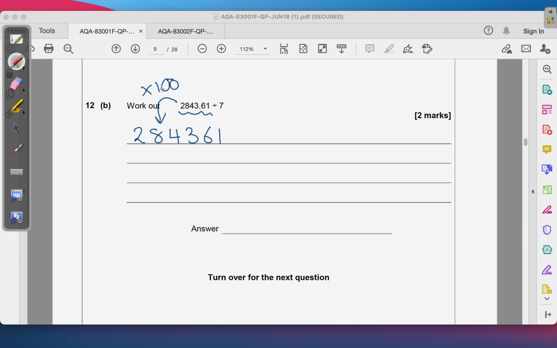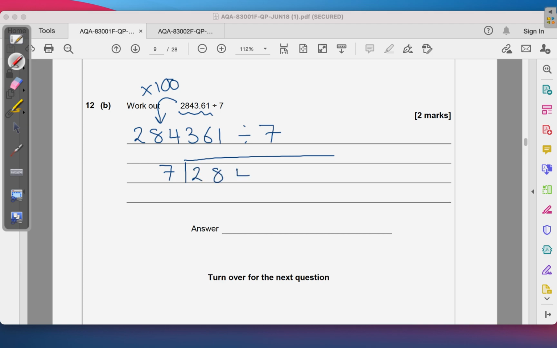It's important to realise that we times by 100, because if we times this number by 100 and we still divide it by 7, then 7 is going to go into it 100 more times than whatever our answer to this is going to be. So we use the bus stop method.